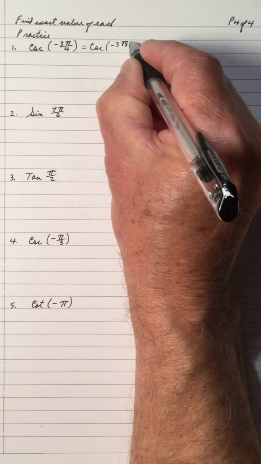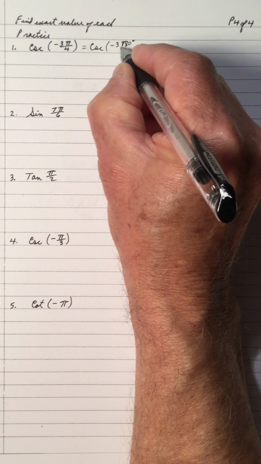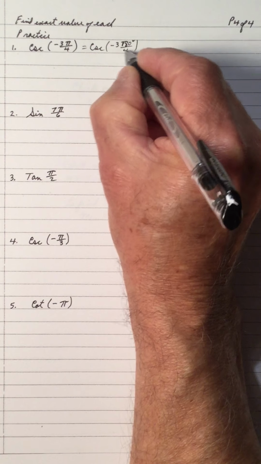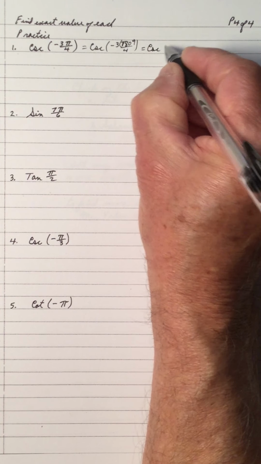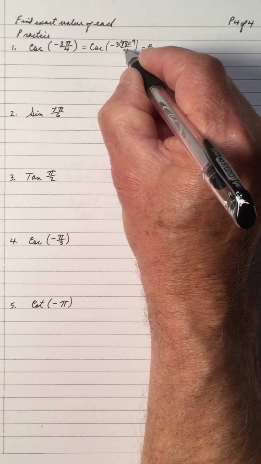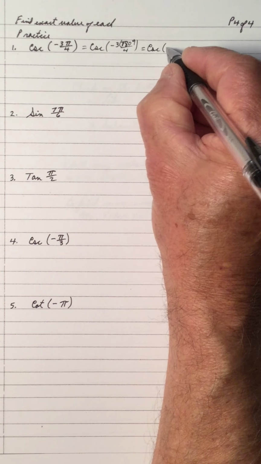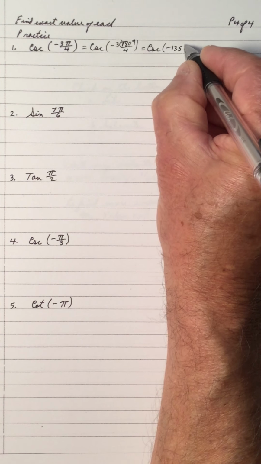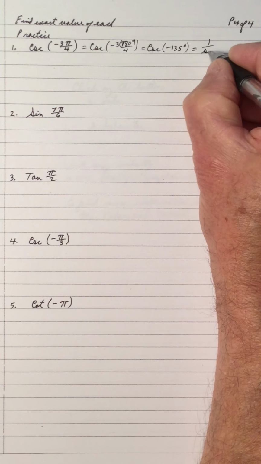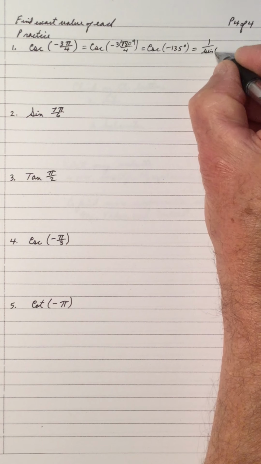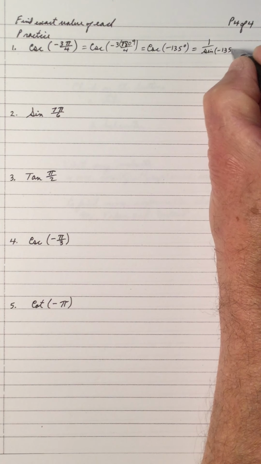We're going to change it to degrees, 180 divided by 4 is 45, so that's a negative 135. And the cosecant is 1 over the sine of negative 135.